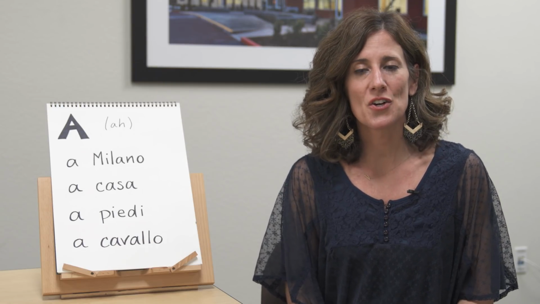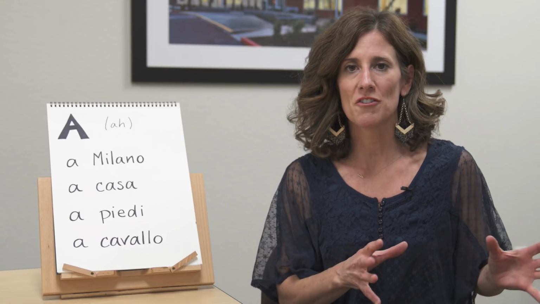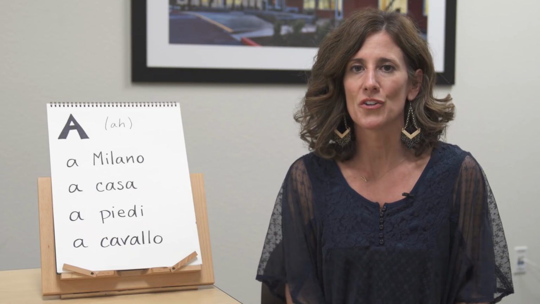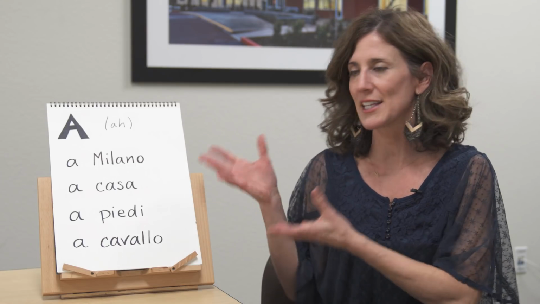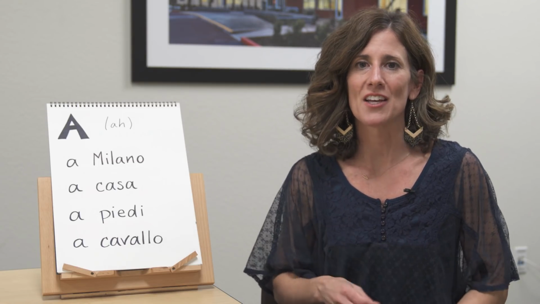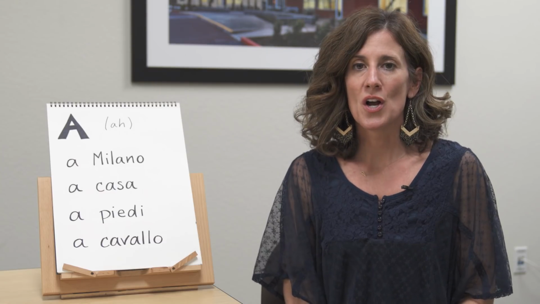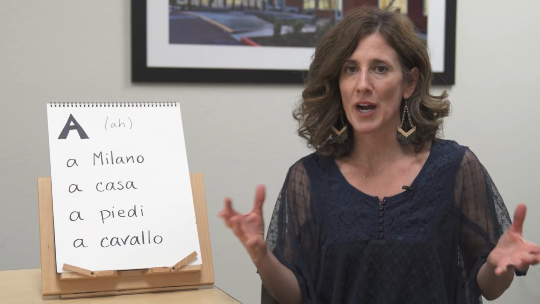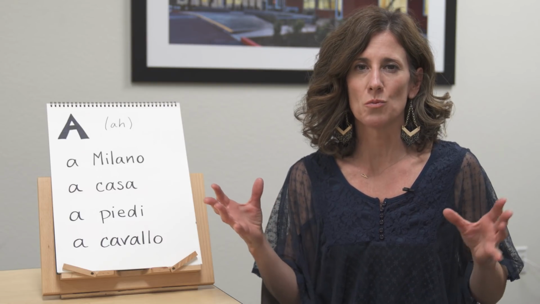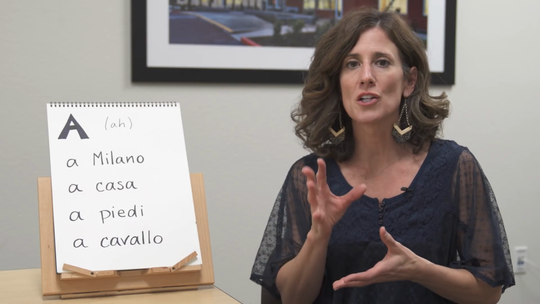And today's video is going to be based off of the book that I just wrote called The ABCs of Italian Travel. So we're going to be exploring the letter A, the very first letter. In my book, you will find detailed explanations of various grammar components as well as more tidbits about all of these letters.